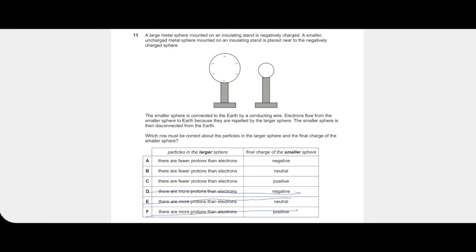So we know that the big sphere has an overall negative charge, and it causes the electrons on the smaller sphere to be repelled and be conducted down into the Earth. So if all the electrons are repelled off because electrons are negatively charged, that only leaves neutrons and protons. Neutrons have a neutral charge, protons have a positive charge. So therefore the answer is C. And that's question number 11 completed.